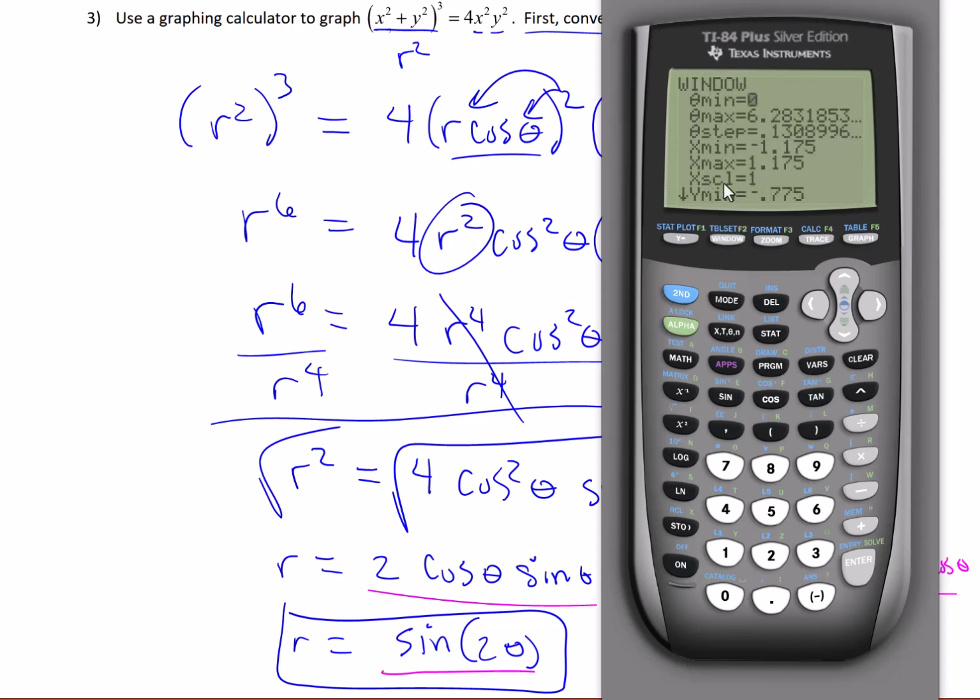If you press the window button, so we went from 0 to 2 pi, you could try something like 0 to 3 pi and see if you get anything different than what you just saw. So I'll try that here. I'll set for the theta max 3 pi and then hit the graph button again, and it produces, sure enough, the exact same result. Now, remember, it might be producing it 1.5 times, but then overlapping itself for more of it. That's fine. All we're trying to do is produce the graph.